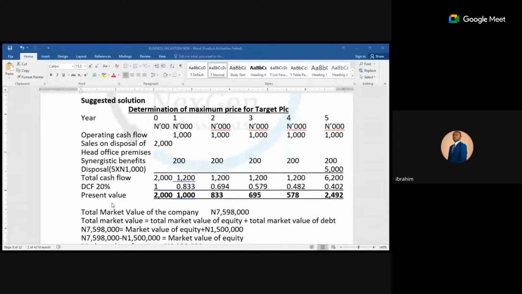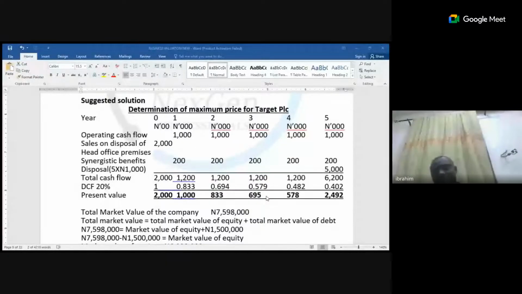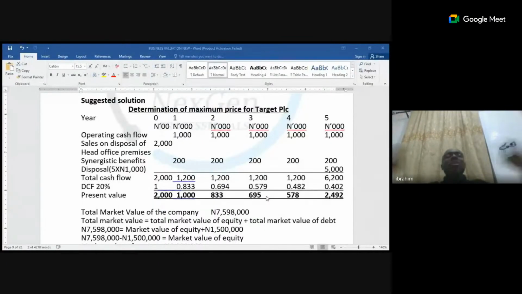You can see how cost of capital is very, very important. Imagine you don't understand cost of capital. How do you want to solve it? Imagine someone wants to take your class now, just starting with business valuation. Everything will just look strange, right?